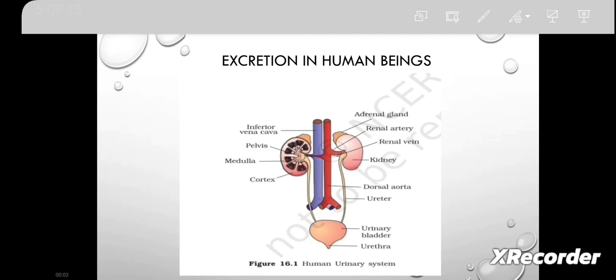The excretory system of human beings includes a pair of kidneys, a pair of ureters, a urinary bladder, and a urethra. Kidneys are located in the abdomen, one on either side of the backbone. Urine produced in the kidneys passes through the ureters into the urinary bladder, where it is stored until it is released through the urethra. So, how is urine produced?